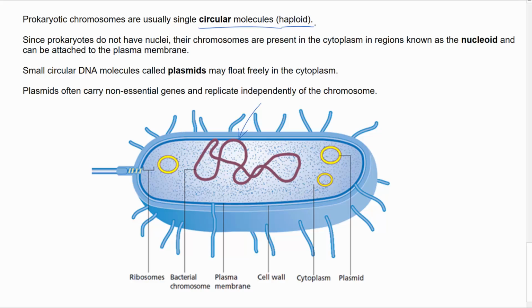Now, because prokaryotes don't have a nucleus, the chromosome is simply present in the cytoplasm, and the region in which the chromosome is found is referred to as the nucleoid region. There are actually smaller circular DNA molecules that float around in the cytoplasm, which are referred to as plasmids. You can see those here. Plasmids often carry non-essential genes and they replicate independently of the chromosome.